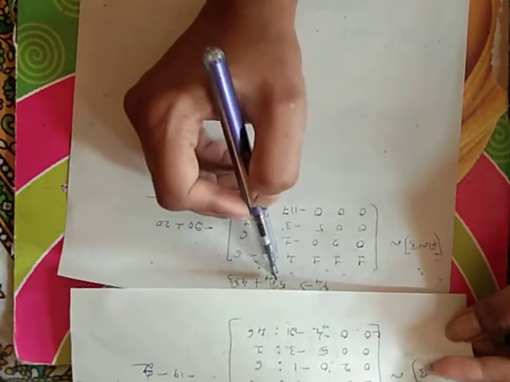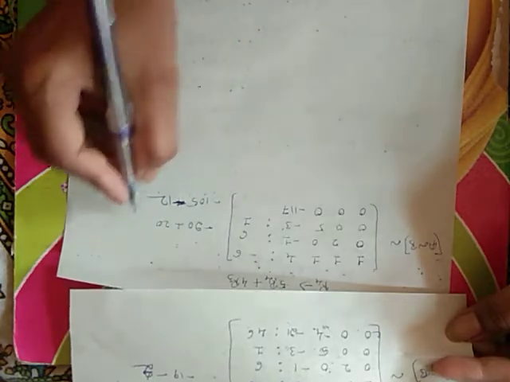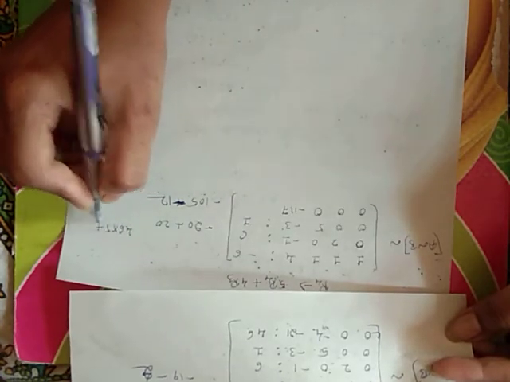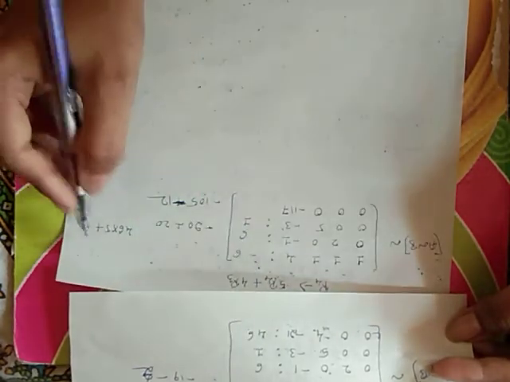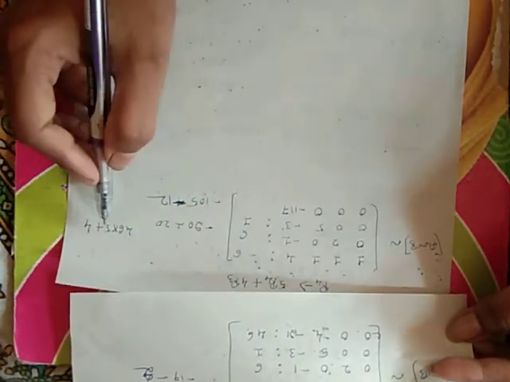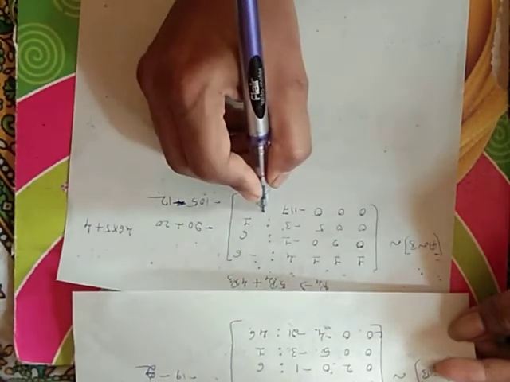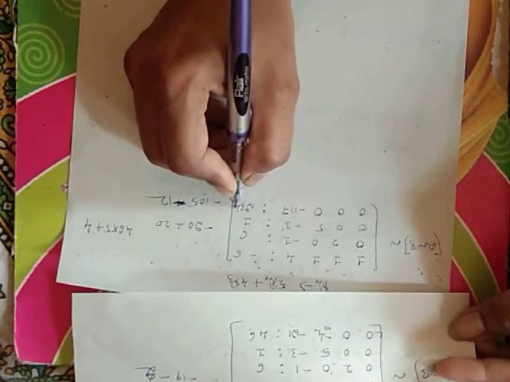Now 46 into 5 plus 4 into 1, 46 into 5 plus 4 is 234.